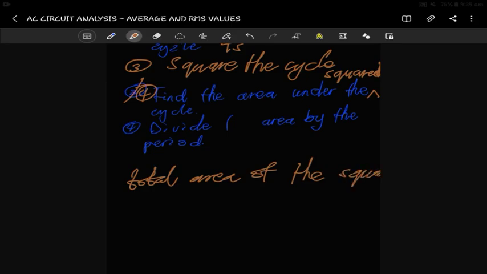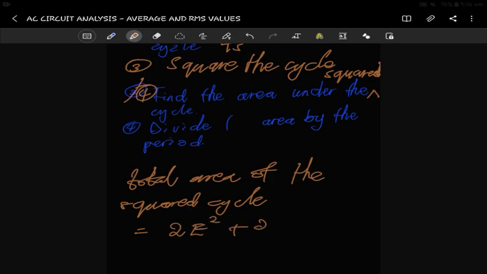The total area of the squared cycle gives us 2e squared plus 2e squared, which gives us 4e squared.